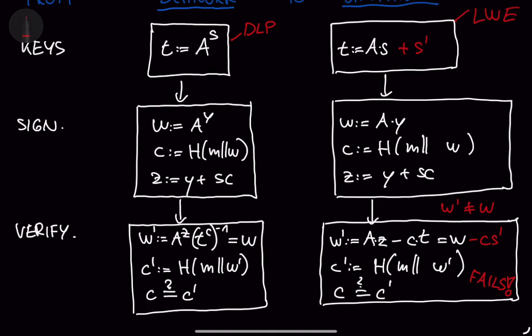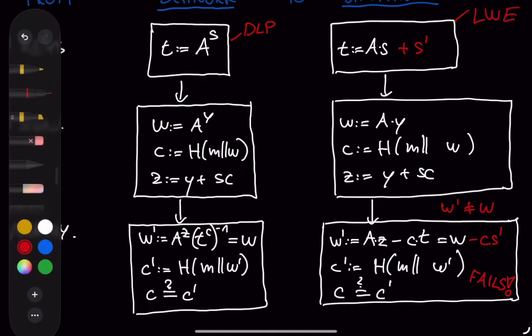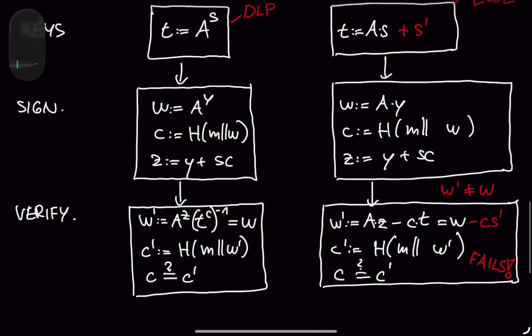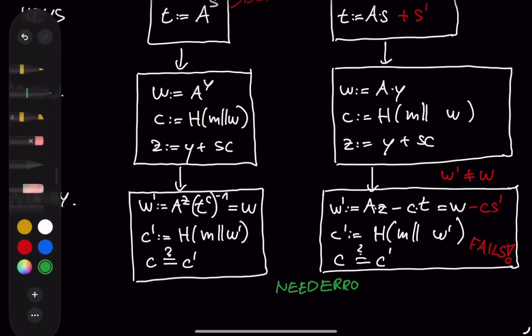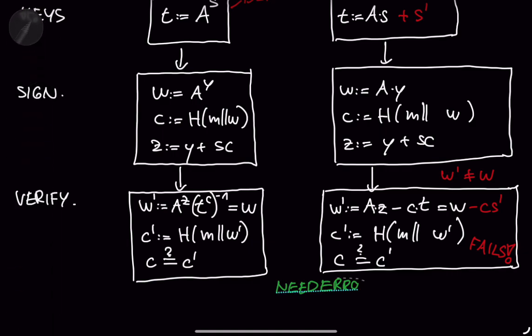And to overcome this problem, we need some kind of error correction. A bit more space.